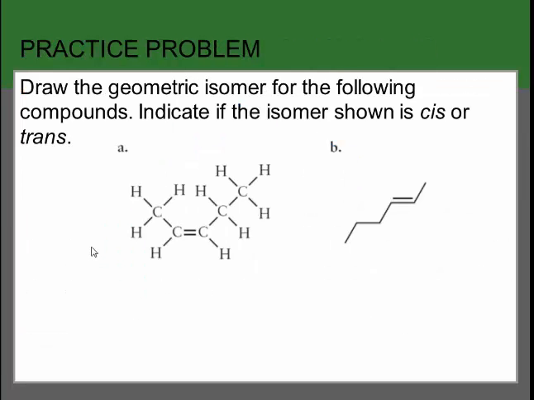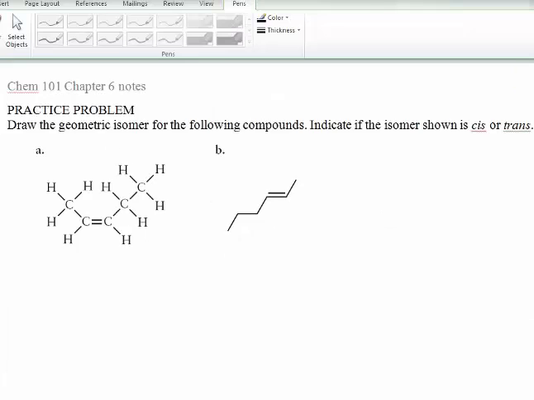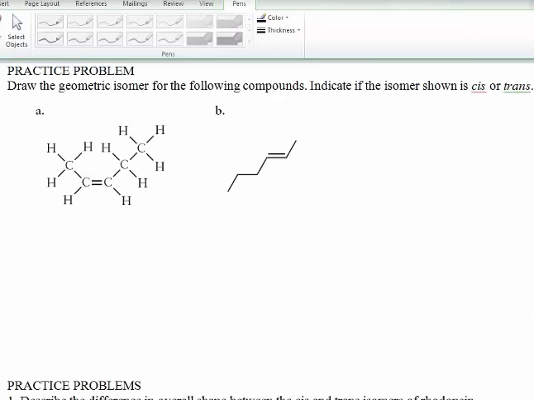So let's draw some geometric isomers, get some practice with that. We want to draw the geometric isomer for the following compounds and indicate whether the isomer shown is cis or trans. First off, let's look at this one. There are 5 carbons in a row, 1, 2, 3, 4, 5. We can draw the isomer by moving one of these groups to the opposite side.